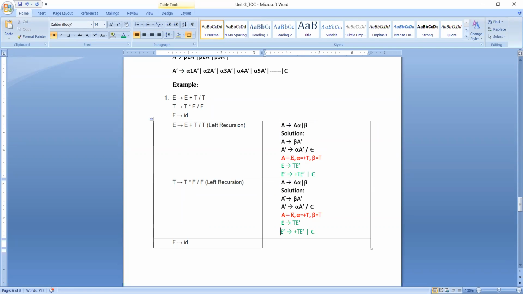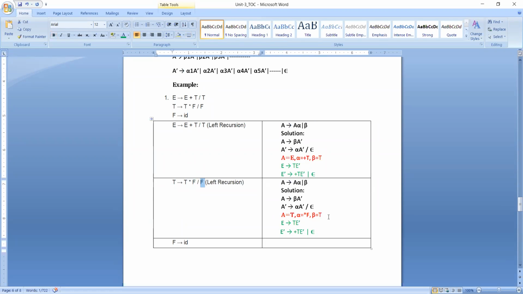As per our formula, capital A is capital T here. What about alpha? Alpha will be star F. And what about beta?